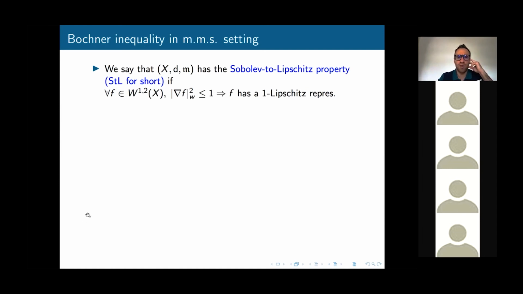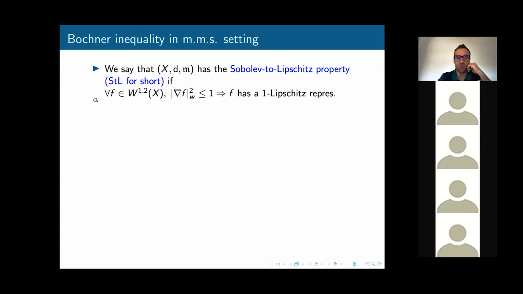We say that a metric measure space has the so-called Sobolev-to-Lipschitz property if for every Sobolev function in W^{1,2} with weak upper gradient squared less or equal than 1 pointwise almost everywhere, such a function has a Lipschitz representative.